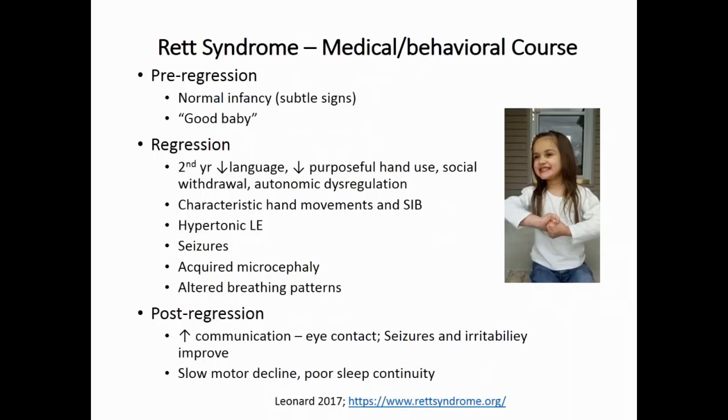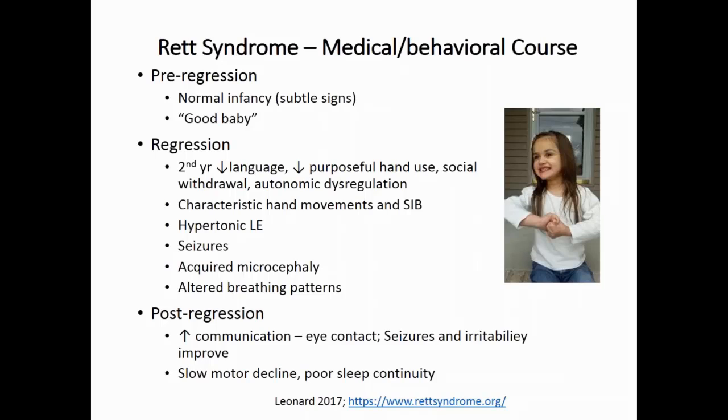Patients with this syndrome exhibit reductions in gross brain volume over time, but that's associated with the presence of abnormally small, densely packed neurons with reduced dendritic complexity and synaptic density. The course and severity is determined by the location, type, and severity of the mutation. The course typically involves 3 stages: pre-regression, regression, and post-regression. The course is not a steady deterioration, but periods of stability and then progression in between.